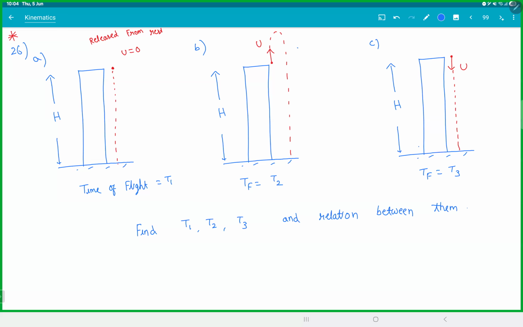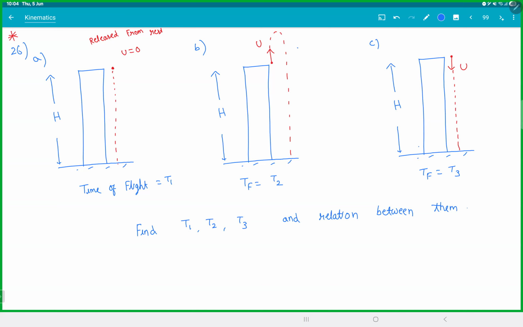You get a pretty neat relation between them. What you found is fair enough, but I'm not asking that. There is a thing: you can relate T1, T2, T3. Meaning if I give you T1 and T2, you can find the value of T3.